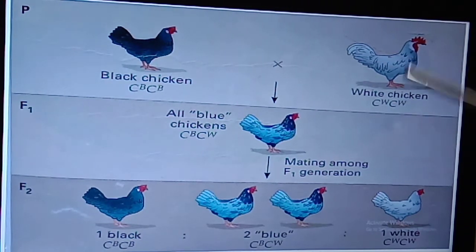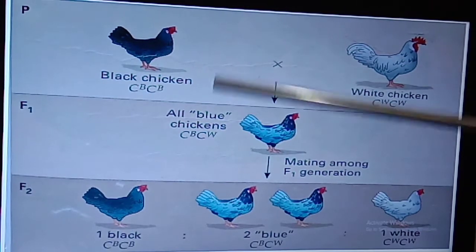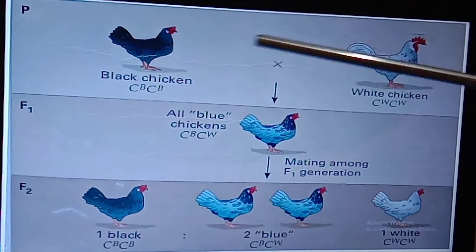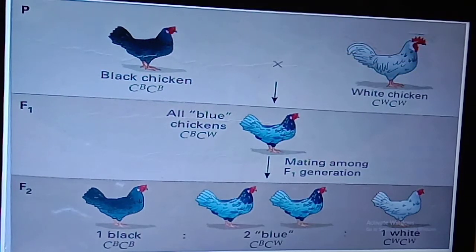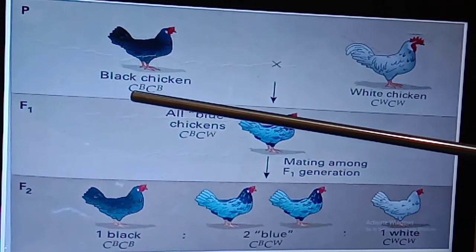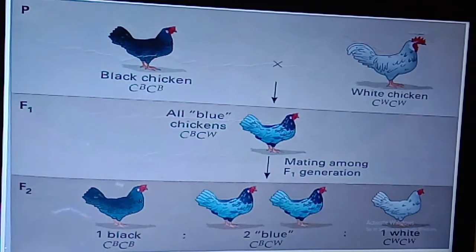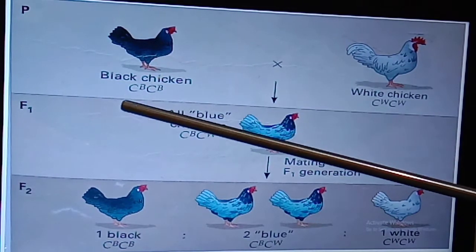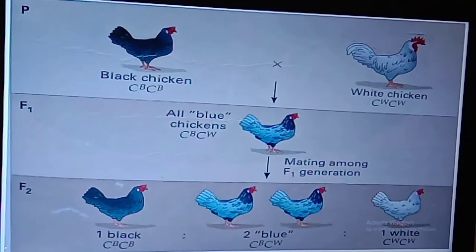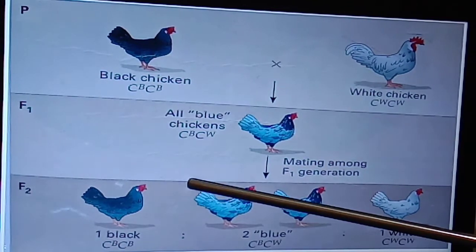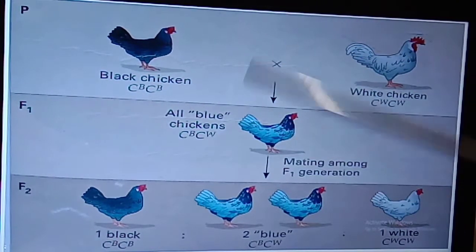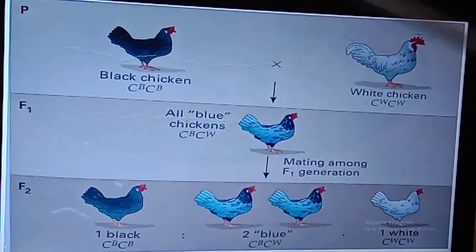The color of this chicken is white. On the other hand, the genotype of this chicken is, again, C stands for color, B stands for black. The color of this chicken is black. While this one is C superscript B, C superscript W.